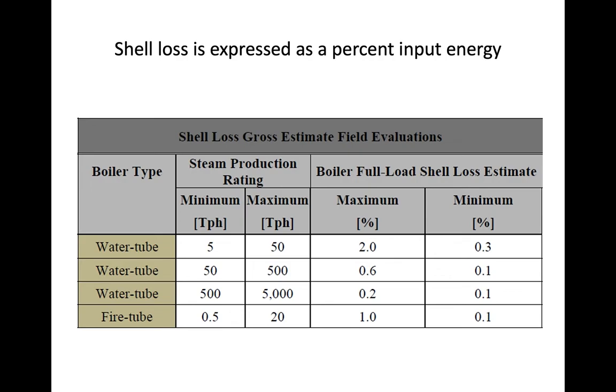As a consequence of this temperature difference, heat will be transferred from the boiler surface to the surroundings by conduction, convection, and radiation mechanisms. We call this shell loss, and it is expressed as a percent of input energy.